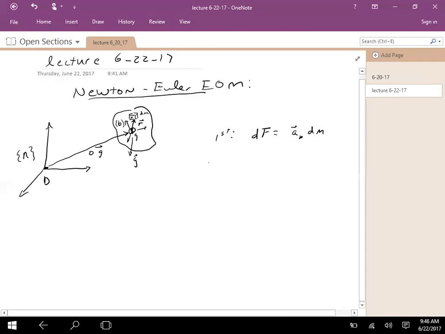And then the total force here would be the integral of df over the body, which would be the integral of AP dm, integrating both sides.